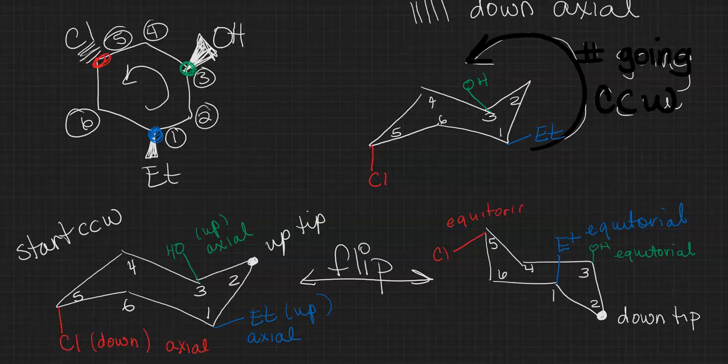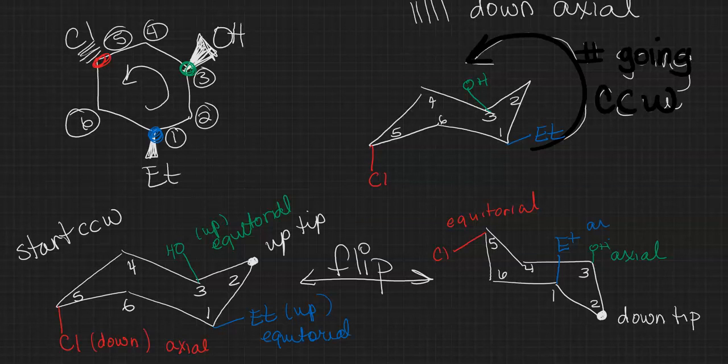And I need to switch this because I wrote them incorrectly here. So let's make that correction. We swapped our groups again. Our OH initially was in the equatorial position. So when we flip it, it goes axial. And then our ethyl was in that up position, and it is also equatorial.